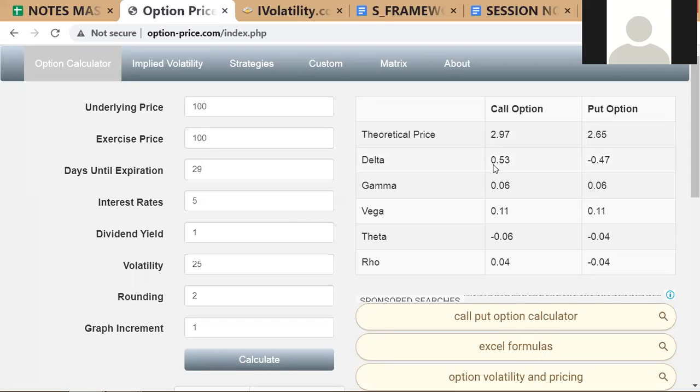So I'm just informing you here that when we are discussing delta, we can't discuss gamma without discussing delta again. Delta is trying to measure the change that will happen in these option premia as a result of changes in the underlying price. I'm connecting this to the concept of intrinsic value.